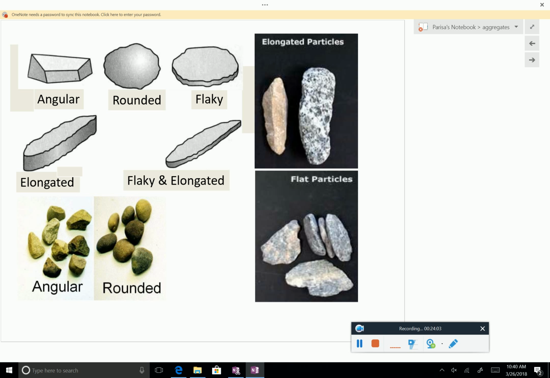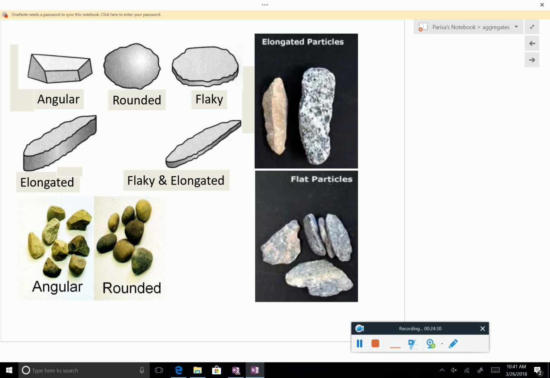Here you see different definitions for different shapes of the aggregates. So we have angular, where you have many fractured faces. And then we have rounded. There is flaky, elongated, flaky and elongated. Why do we care about these?